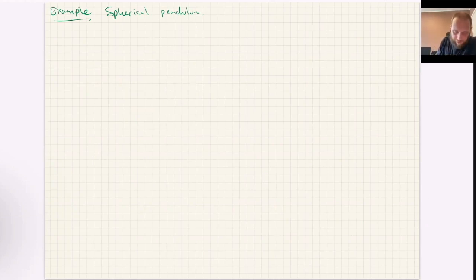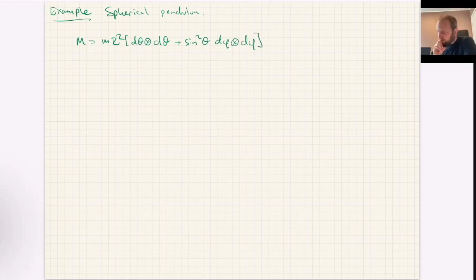We saw that m here was m r squared times d theta tensor d theta plus sine squared theta d phi tensor d phi. And we also had that V was minus mgr cosine theta. As you can see, the components here, the 1 and the sine squared theta, do not depend on phi. So we know that K equal to d phi is a Killing field.